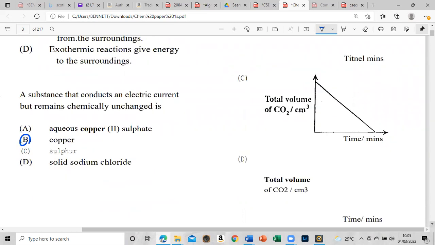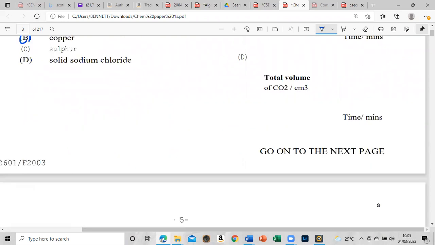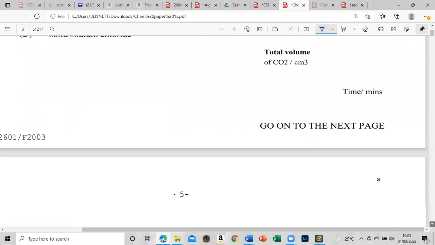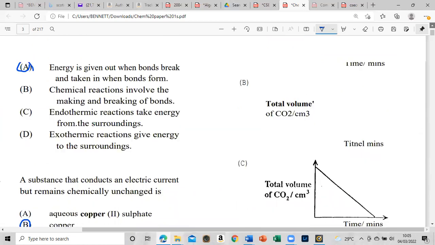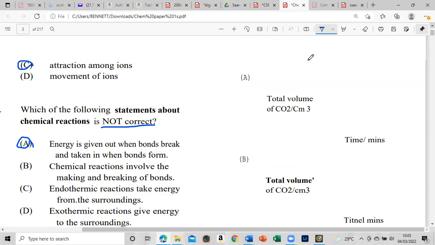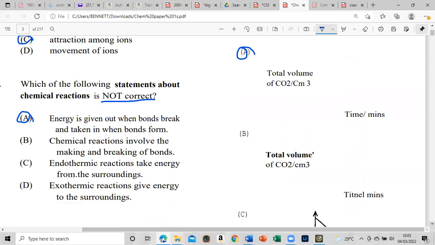Let's look at the options. And that would be A. Let's move on to number 19.